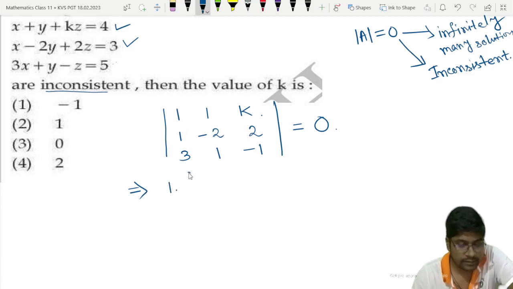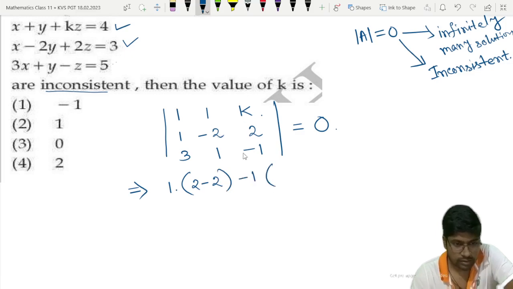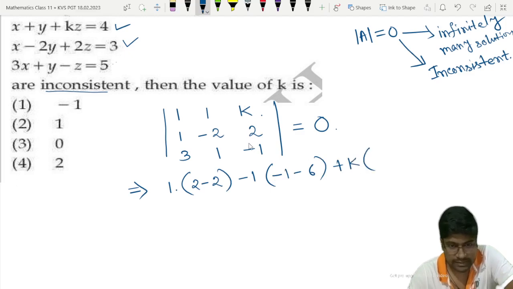Expanding with respect to the first row: 1 into (2 minus 2), minus 1 into (minus 1 minus 6), plus k into (1 plus 6), is equal to 0.